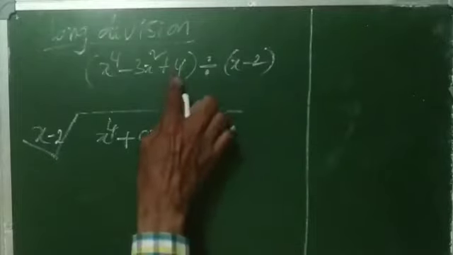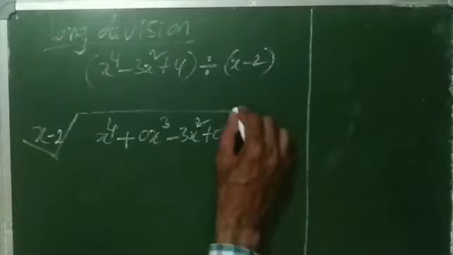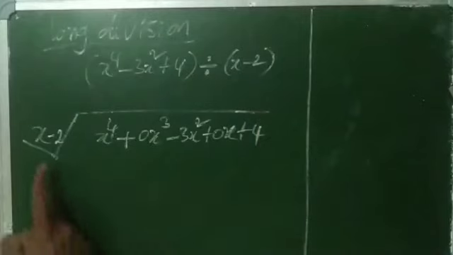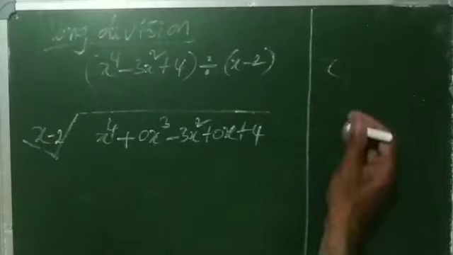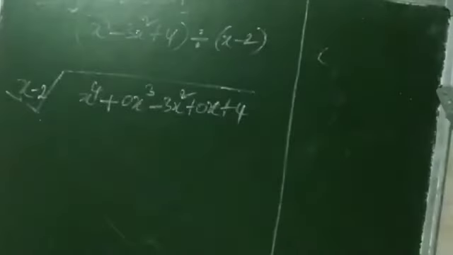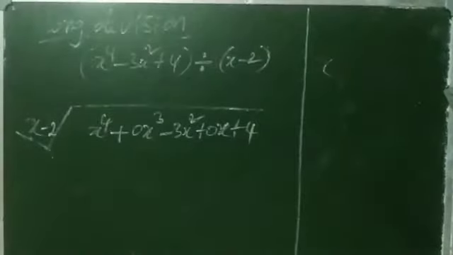After the x square term the x term is missed, so I have written 0x. If you write like this, it is very easy. If you don't write, it seems difficult, but you can do it, no problem.